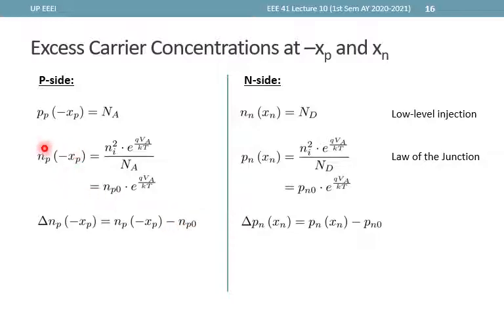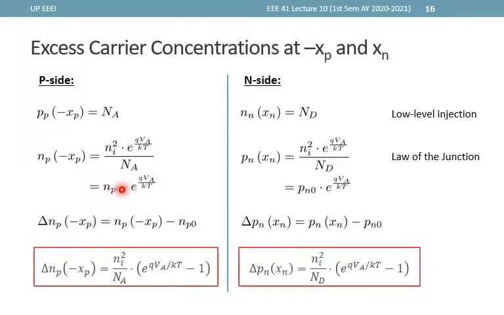So we subtract np0, and we get this equation. So ni squared over Na e raised to qVA over kT is equal to np, while np0 is simply equal to ni squared over Na. And this same format can be obtained for the excess hole concentration at the N side, so the excess minority carrier concentration. Now, these two values again are important for us, and we'll use them as the boundary conditions for our MCDE.